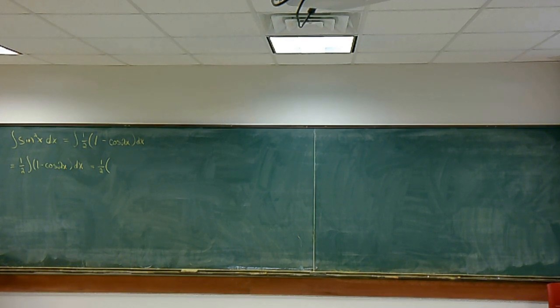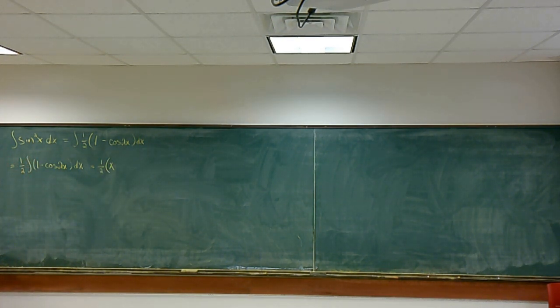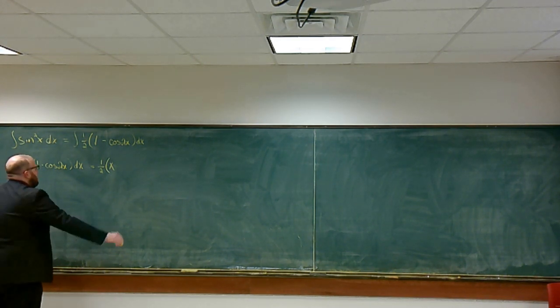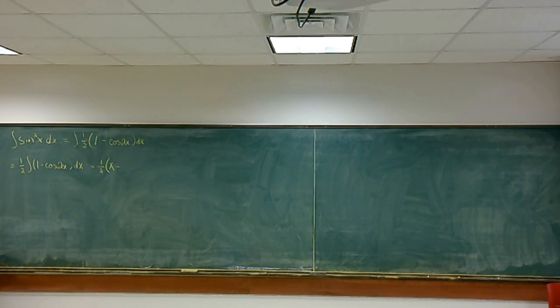Antiderivative of 1 is easy. What about cosine of 2x? What would the antiderivative of just cosine of x be?